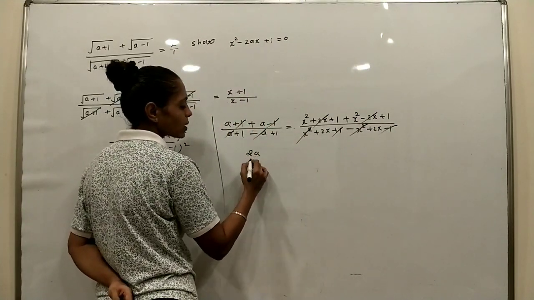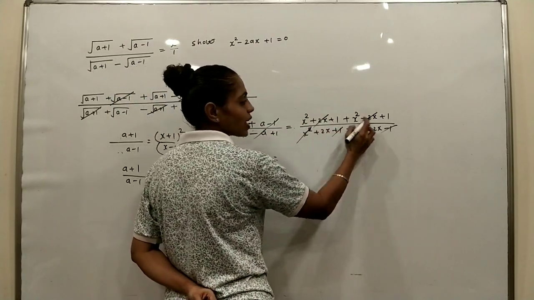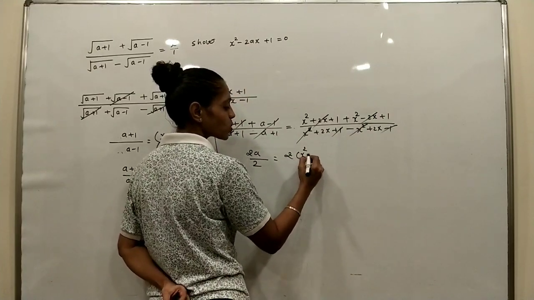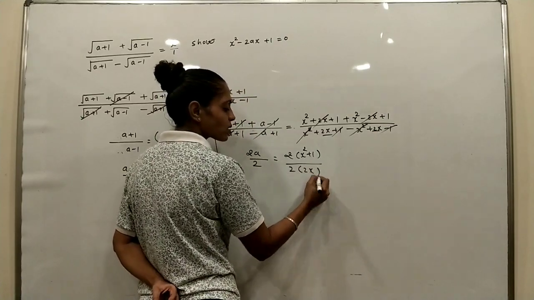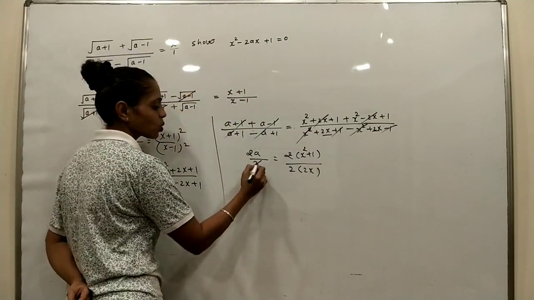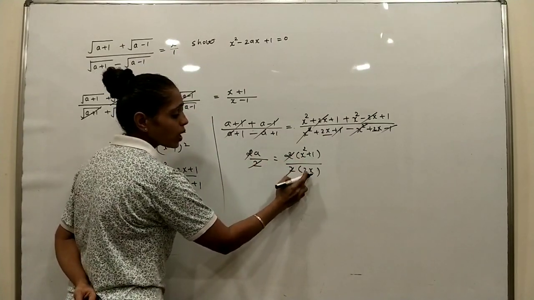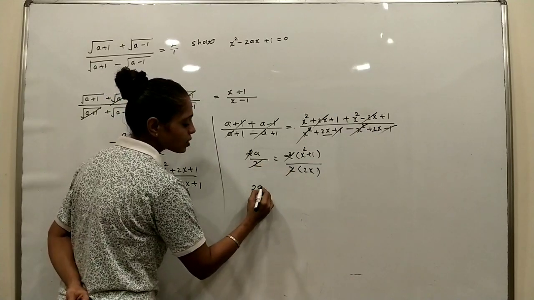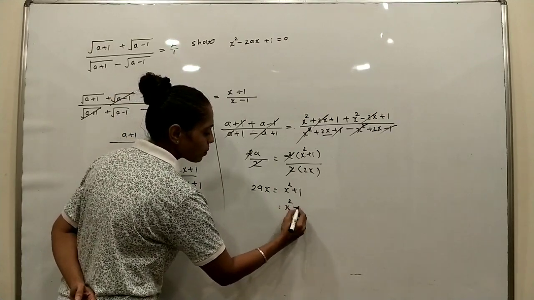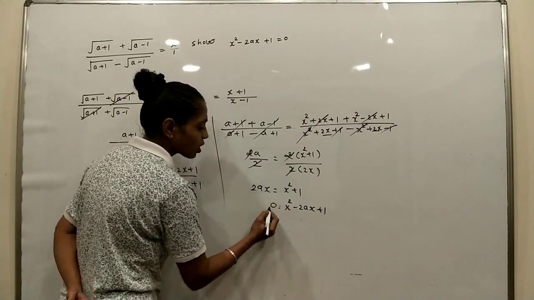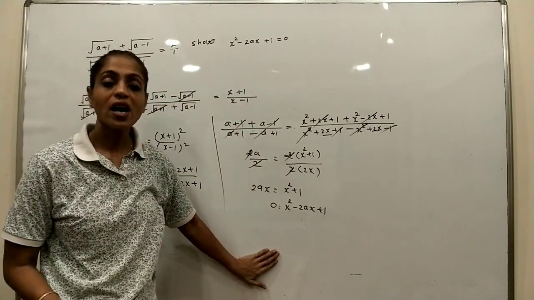That is 2a upon 2 equals 2 times (x^2 + 1) upon 2 times 2x. I did not write 4x because I know the 2 will cancel. Now 2x going up, 2ax equals x^2 + 1, all on one side: x^2 - 2ax + 1 equals 0. Hence it is proved.